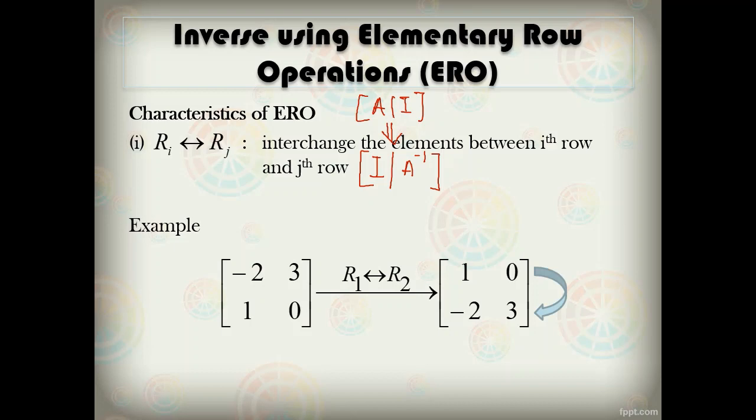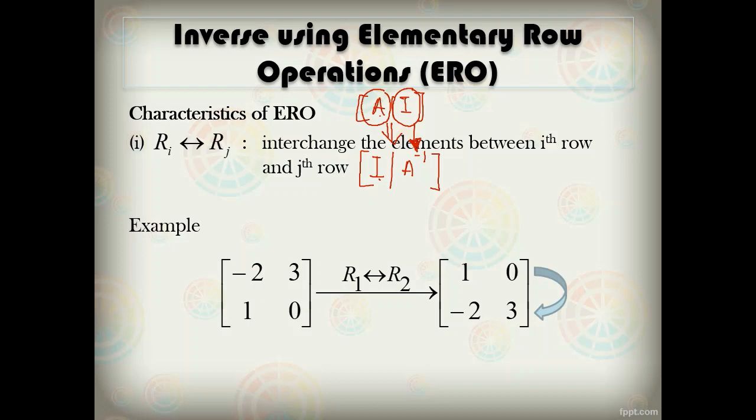The process of reducing A to I will change the I of the original augmented form to matrix A inverse. So that is the idea.